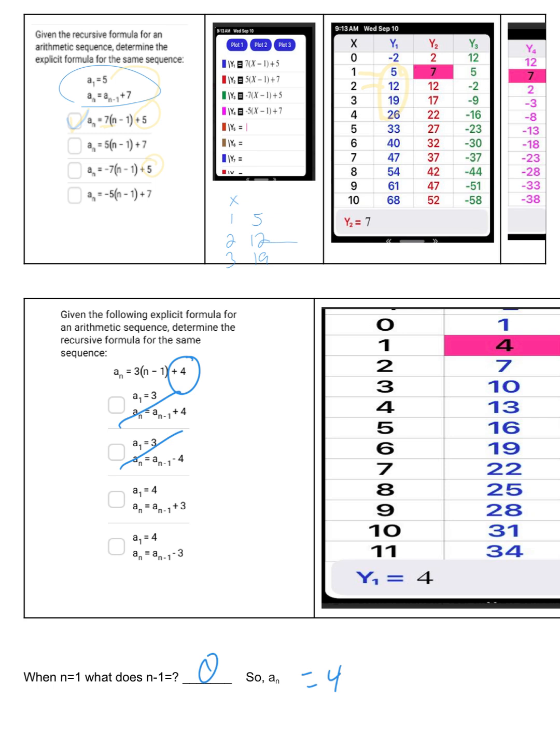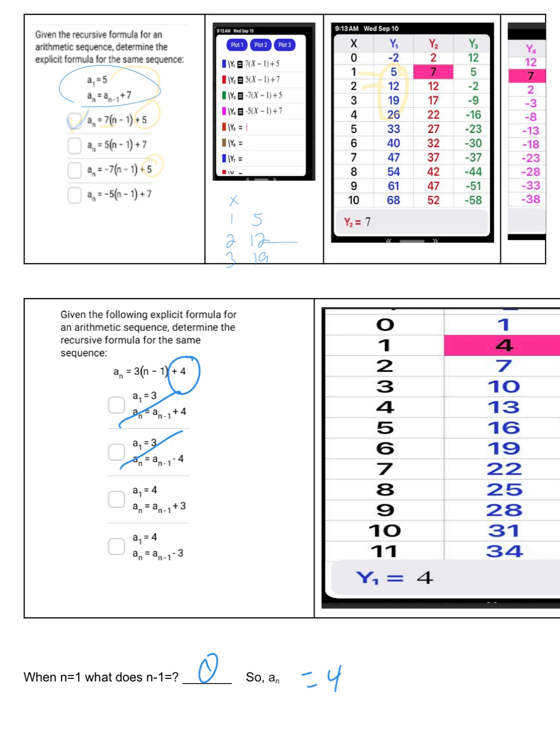You're going 4 to 7 to 10. Are we adding 4, subtracting 4, or adding or subtracting 3? Adding 3. Okay, and what's in front of the parentheses? No, right there. 3. Okay, and so that's another place where the 3 comes in.